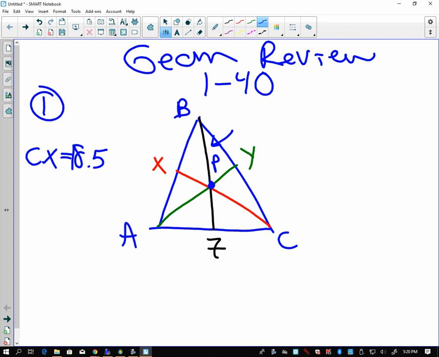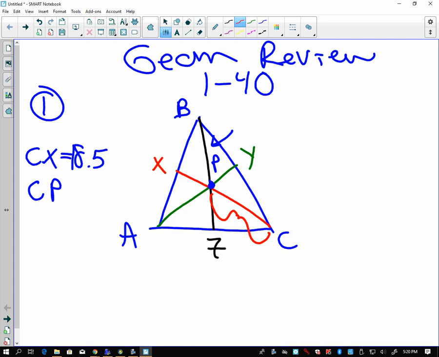They're going to tell you that all of these lines are medians, but they've told you what CX is, and they want you to find just CP. What is CP?